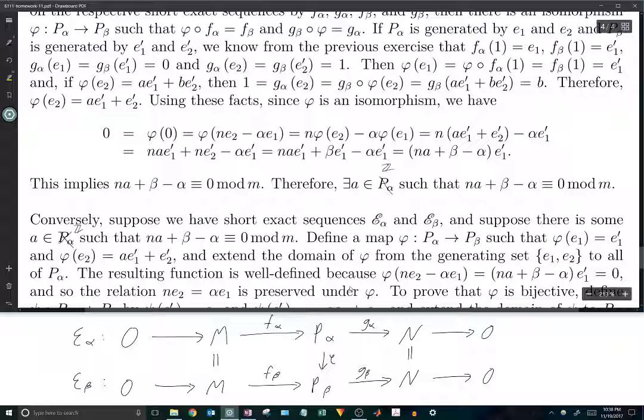The resulting function is well defined because, let's see here, in P alpha, nE2 equals alpha E1. So now here, phi of nE2 minus alpha E1 is going to equal what?